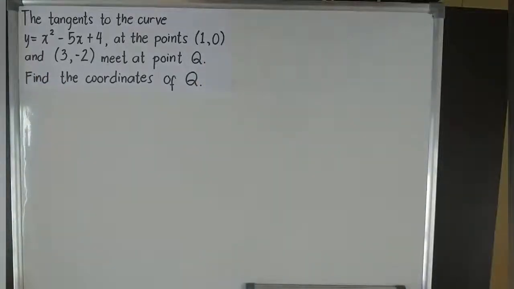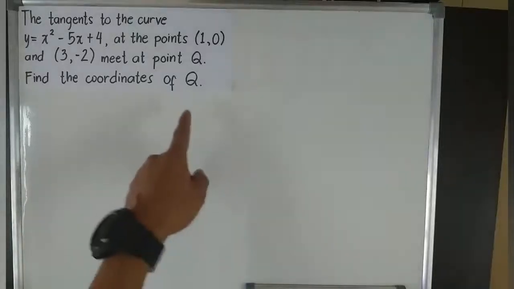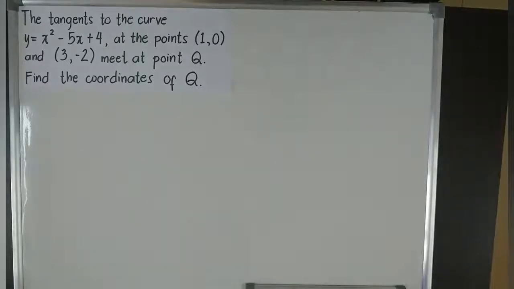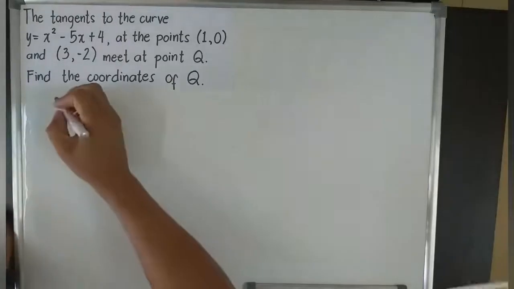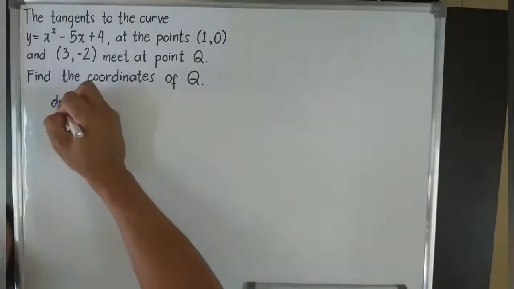After getting the gradients, you can find the equations of the two tangents, solve them simultaneously, then you will be able to find the coordinates of the intersection point, which is Q. So, let's start by getting the dy/dx of this.